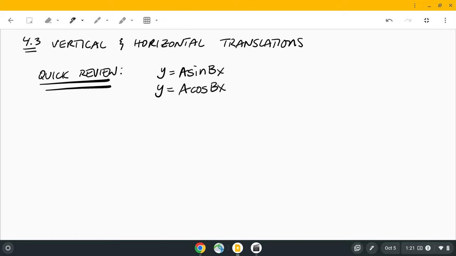Let's talk about this before we start, because we're going to start putting all the translations together, the vertical and horizontal, and also these that you learned in 4.2. Remember that when you see this, you're going to multiply the original y values, and this here changes your endpoints.